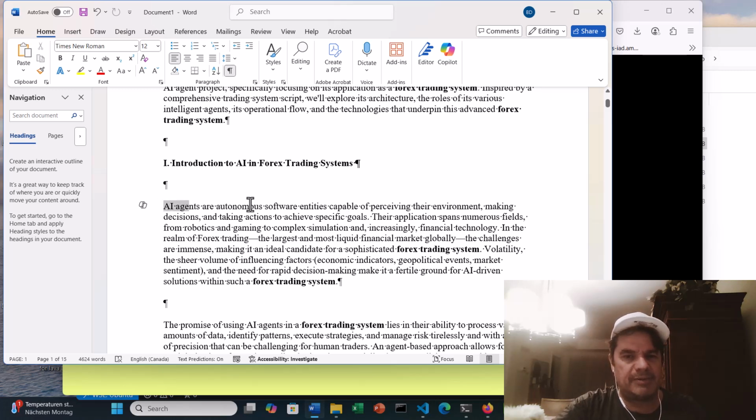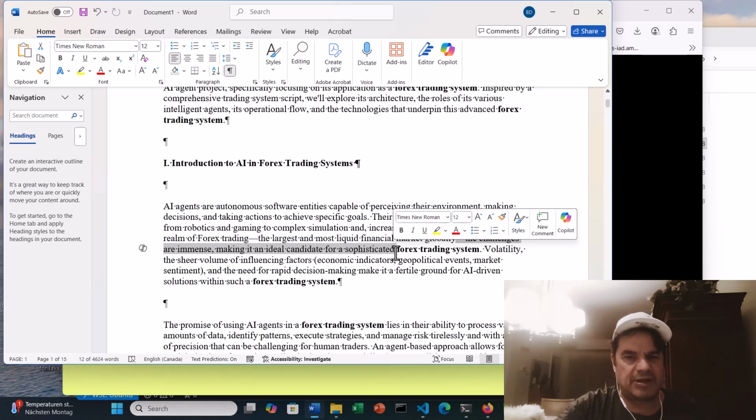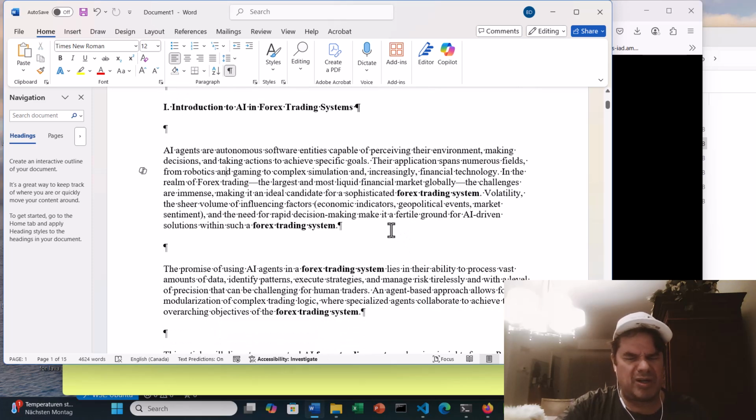So agents are autonomous software, perceiving their environment, making decisions, and taking actions. In our case, we have complex simulation and increasingly complicated financial technology. The world of Forex is the most liquid asset class out there, so I wanted to do this.